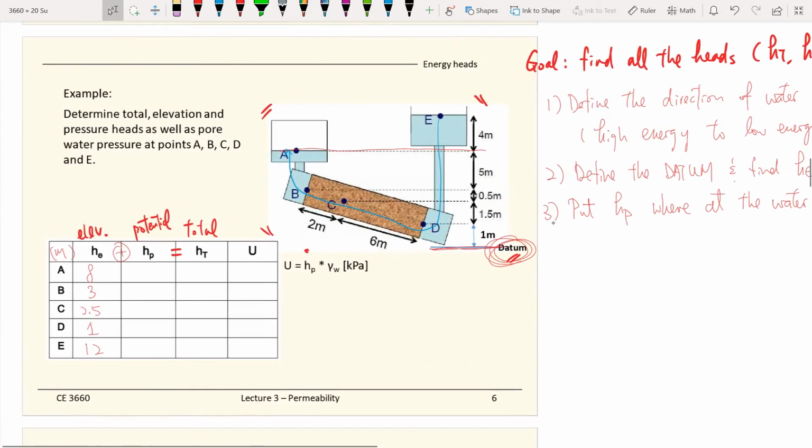So in this case, point A and point E are the points at the water surface, which means the potential head at point A and point E is 0.